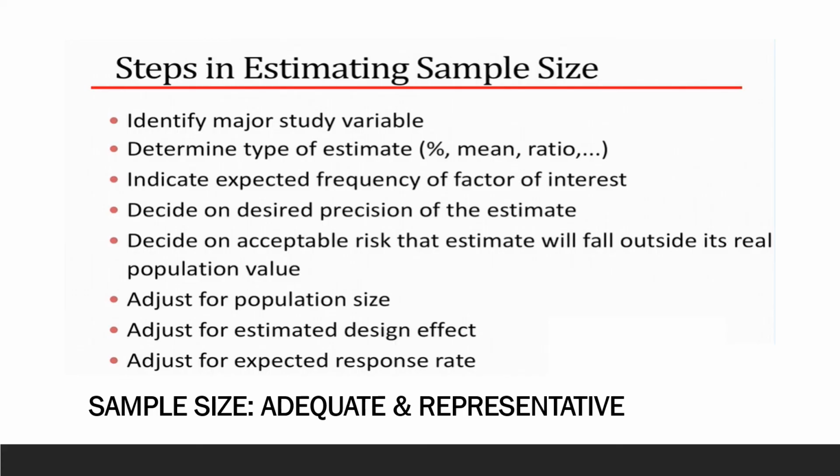These are the steps in estimating the sample size: you need to identify the major study variable, determine the type of estimate, indicate expected frequency of factor of interest, decide on desired precision of the estimate, decide on acceptable risk that the estimate will fall outside its real population value, adjust for the population size, adjust for the estimated design effect, and adjust for the expected response rate. And again, I'm reiterating, a sample size has to be adequate and representative.